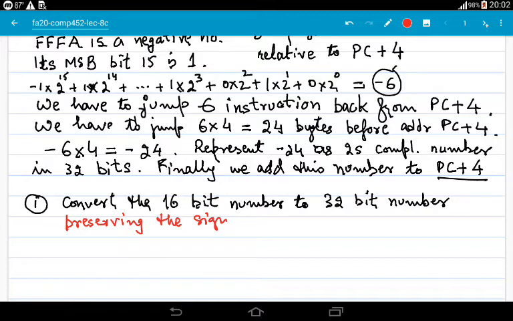So this clearly means that we want to run it through the sign extender. In other words, pass it through the sign extender.